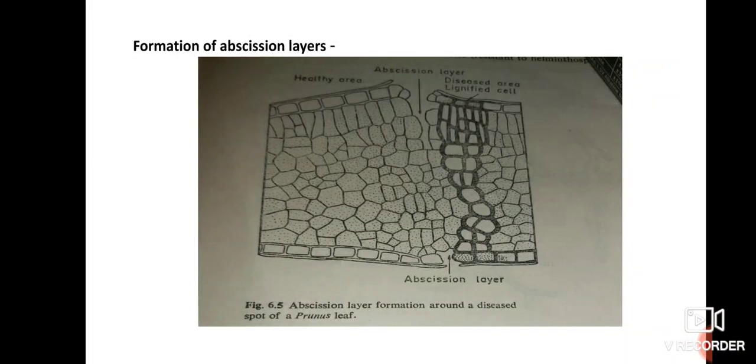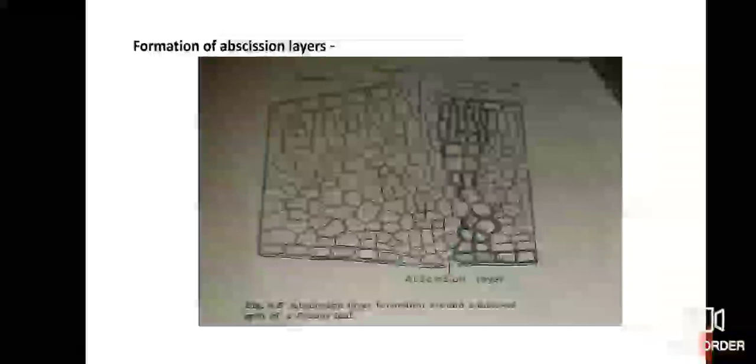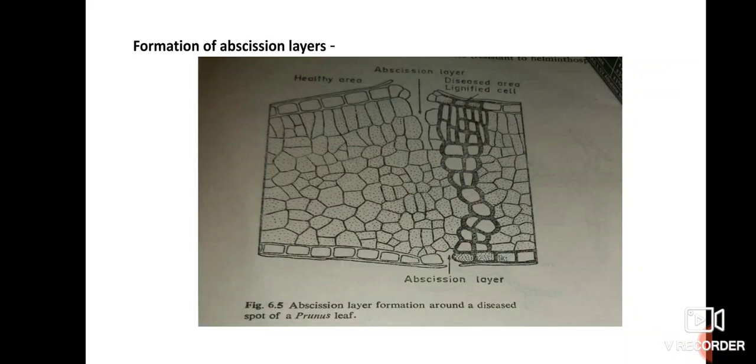This happens in peach plant leaves infected by the bacterium Xanthomonas pruni or the fungus Clasterosporium carpophilum, and in sour cherry trees infected with necrotic ring spot and other viruses. There is a swelling of two layers of cells surrounding the infected spot.